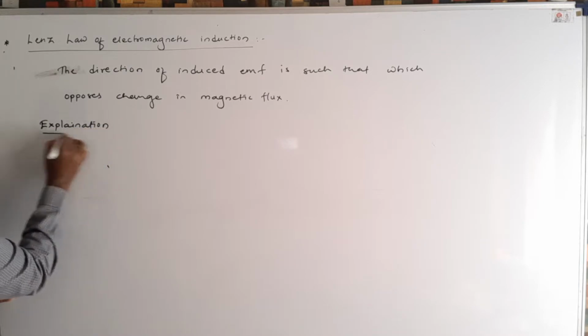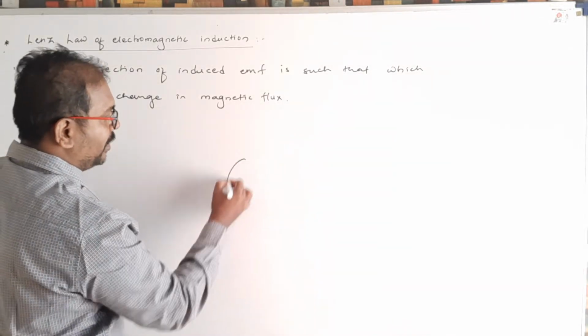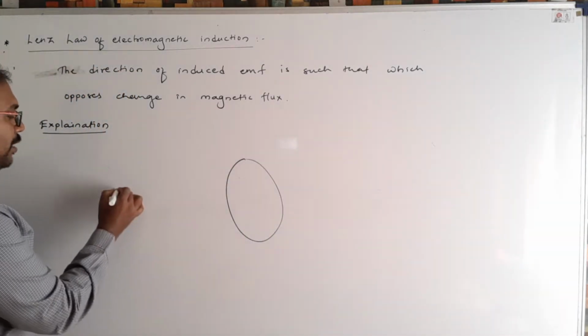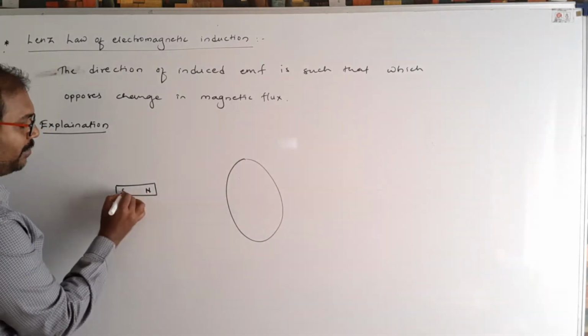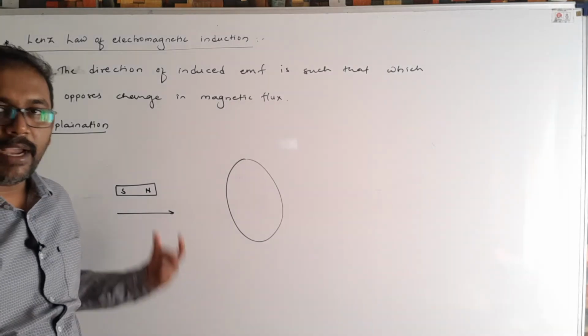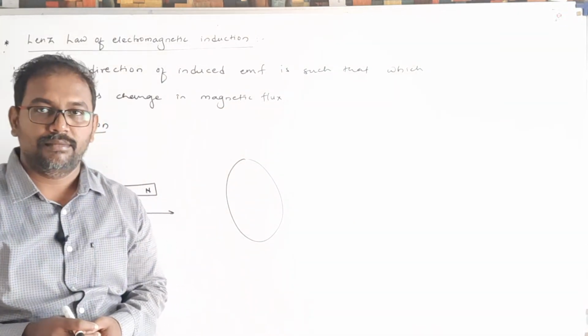For that we consider a coil. I consider only one turn of the coil. So this is a coil. When we bring this bar magnet with its N pole towards this coil, what happens? The magnetic flux associated with the coil increases.